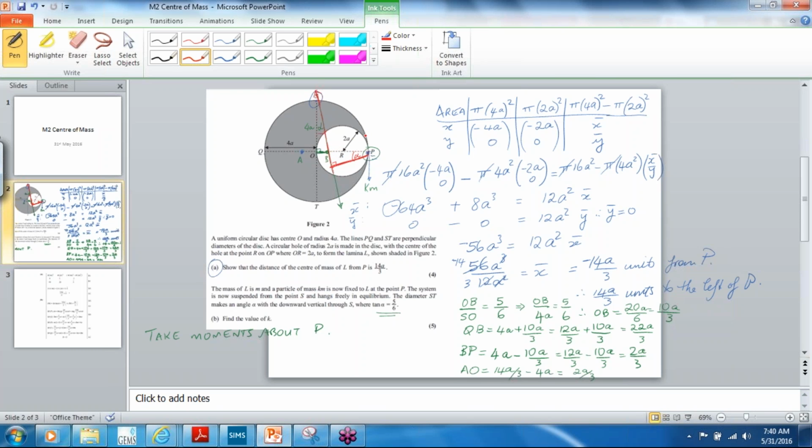So we would say this force up, which is clockwise, would be m plus km. That's the total weight of the object through the center of gravity. So it would be (m plus km) g, because that's the gravitational force.